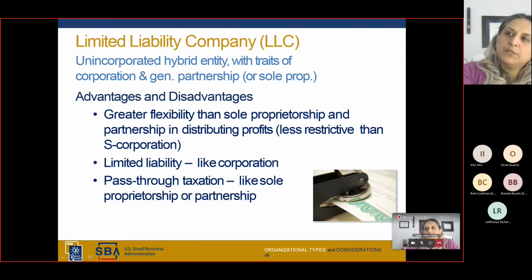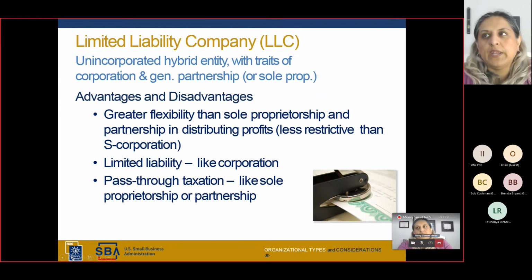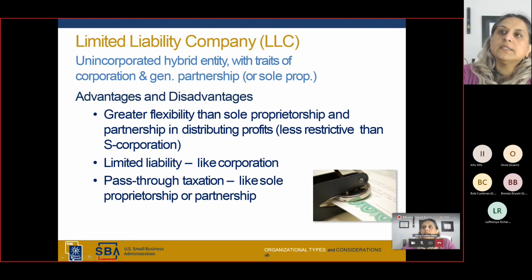So an LLC is similar to a corporation in some ways, while similar to a general partnership or sole proprietorship in others. An LLC is considered a type of unincorporated association, not a corporation, even though it is a business entity. So similar to a corporation, owners have limited personal liability for the debts and actions of the LLC, so you get limited liability.